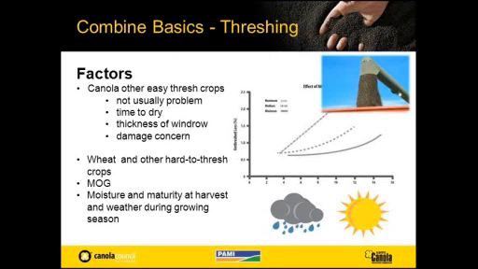The more straw that's in there, the more cushioning there is. And, of course, also the crop condition due to moisture, whether it's dry or tough, is going to require more energy to thresh it out when it's tough than when it's dry.